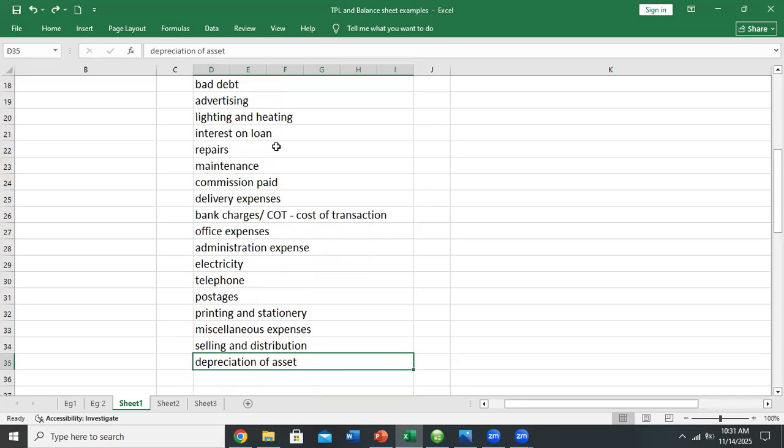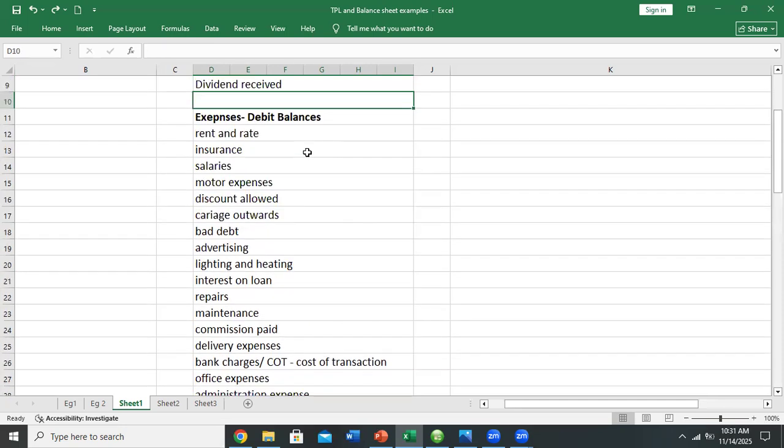Professors, how did I get this list? I went through the textbooks and picked all the possible expenses that may come your way. So please familiarize yourself with this so that you don't have issues with it, okay?